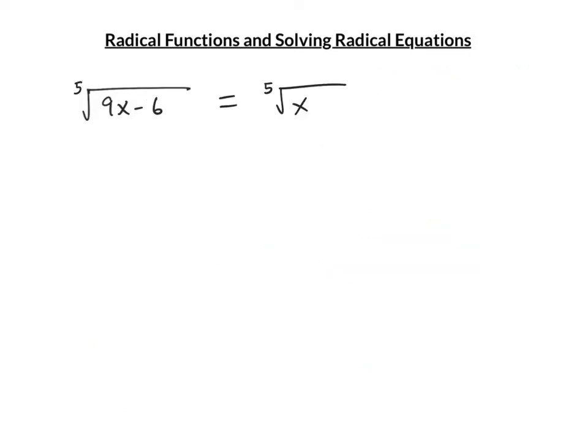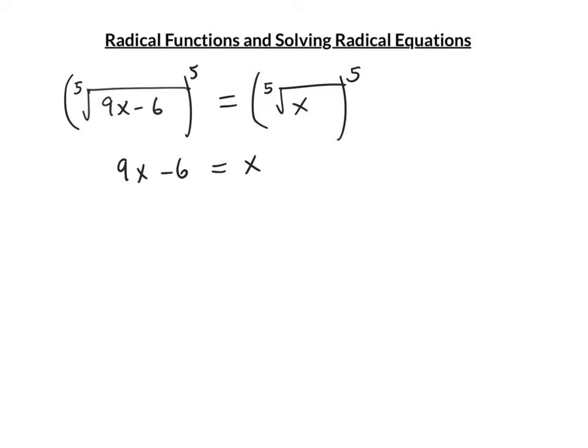In this example, we need to eliminate a fifth root. We do that with a fifth power. The fifth root and fifth power are inverses of each other. That leaves us with 9x minus 6. And over here, we get x.